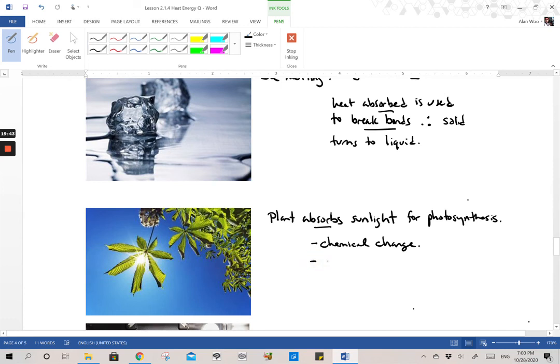So it converts sunlight to food energy, like sugars.